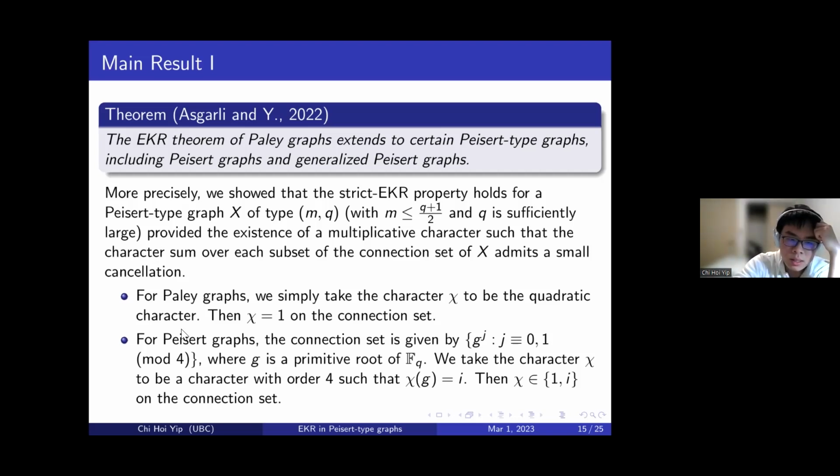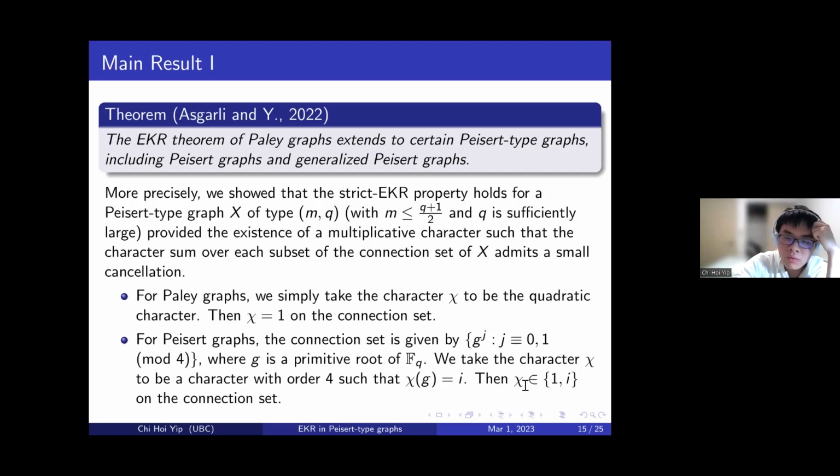We can also consider another example which is more interesting. So consider Peisert graphs. So the connection set here is given by those g to the power j, where j is congruent to 0 and 1 modulo 4. So here, naturally, we can take a character chi with order 4. And for example, we can assume that chi(g) is equal to i.